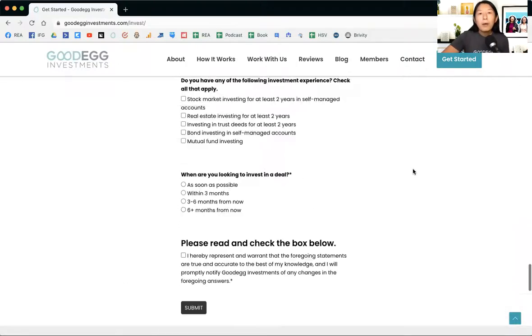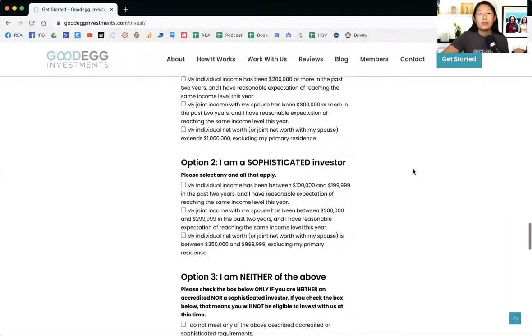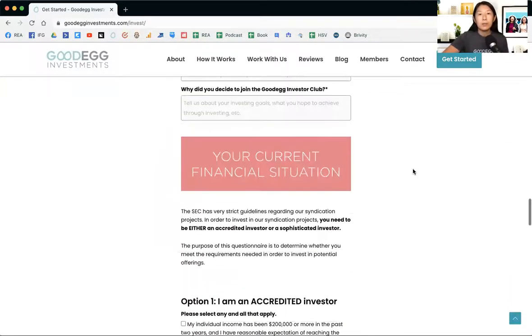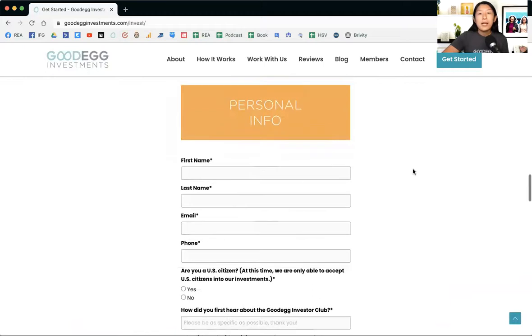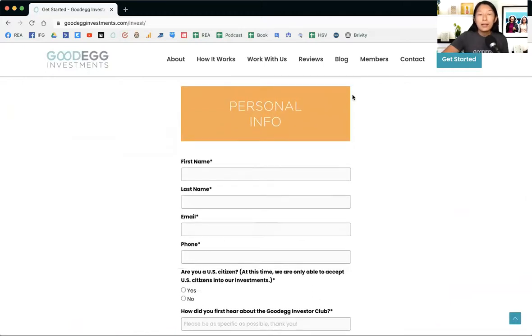So when we hop on a call now, think about this, we're armed with all of this information and we know exactly where they're coming from and exactly where they want to go. So that gives us a lot more insight so that in that half-hour call, we can take them a lot farther than at the beginning when we only had those 3 pieces of information: name, email, and are you accredited or not.